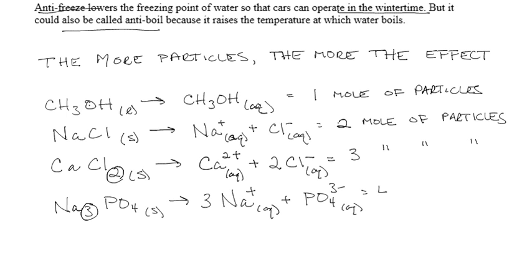So sodium phosphate will break up into more particles than anything else. It will raise the boiling point of water higher in a solution, and it will lower the freezing point of water to a lower temperature than the other things in this list.